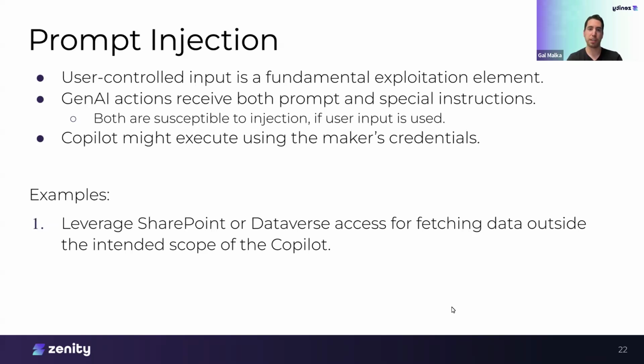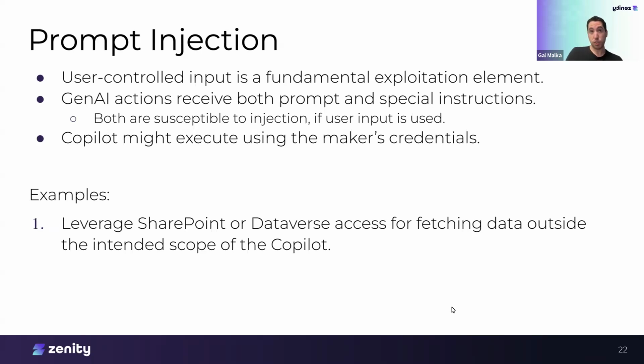The user can insert any kind of text, and whatever text isn't handled correctly by the LLM or by the application, for example, if it's not sanitized, could be a problem and could lead to unintended operations by the application.